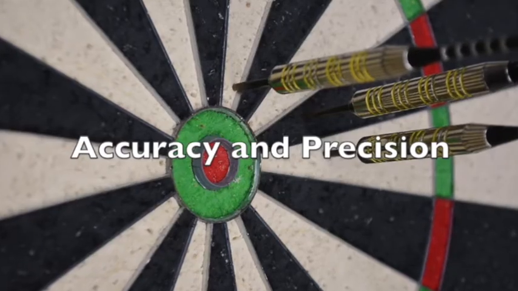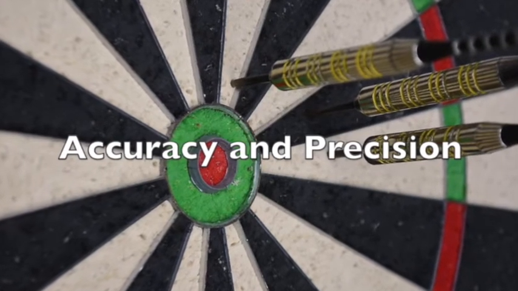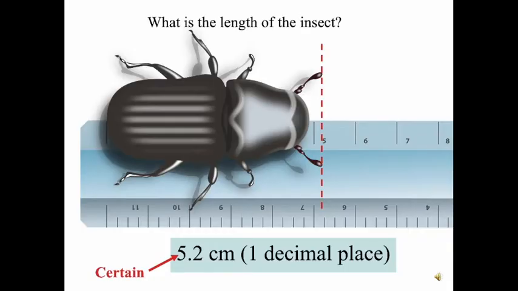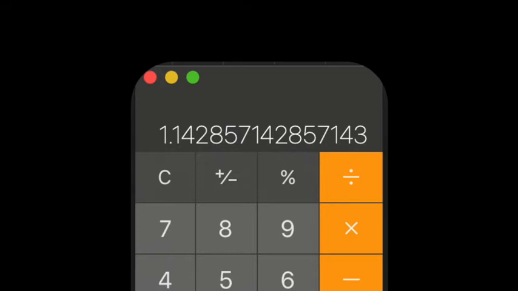In a prior video, we talked about the importance of precision of measurement and how the last digit is always an estimate. Say you're doing a calculation and the number you get on your calculator is 1.142857142857143.